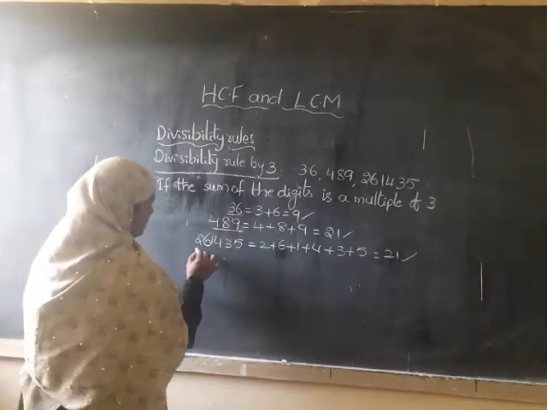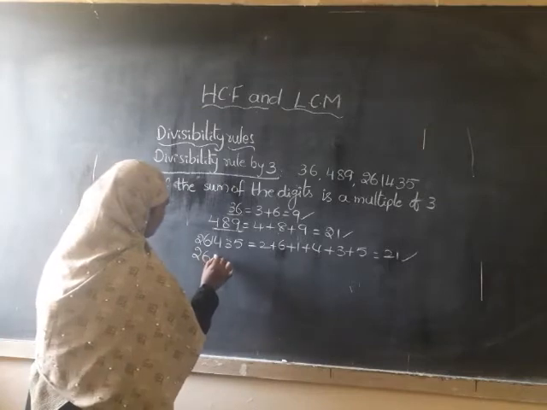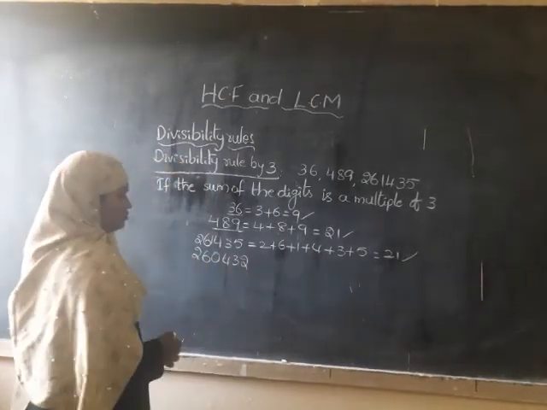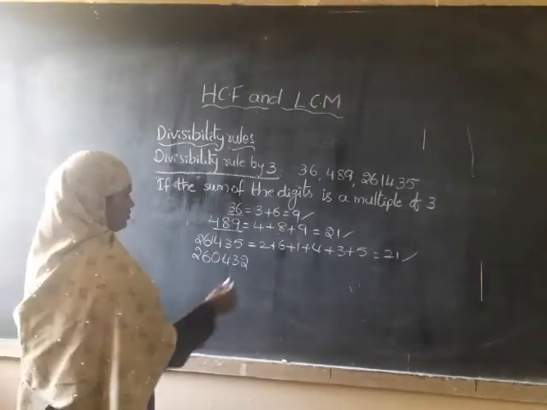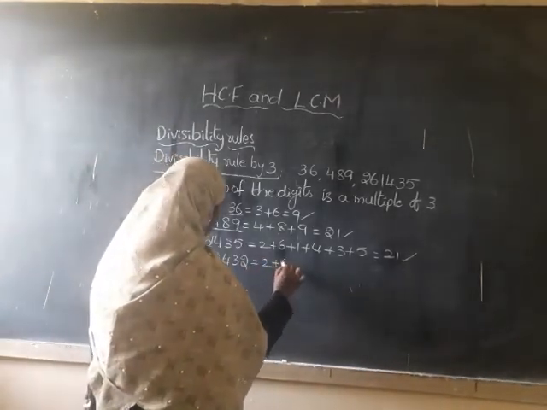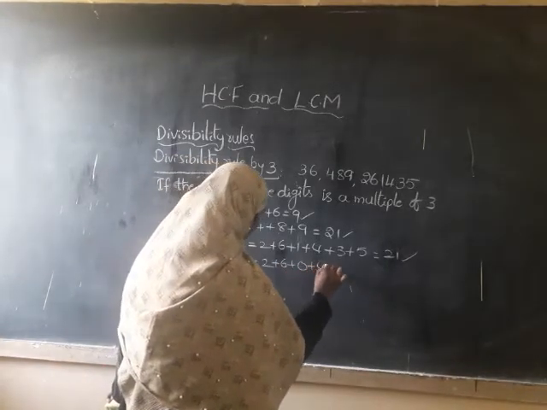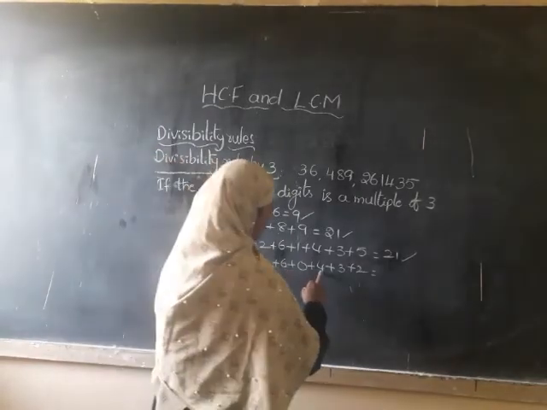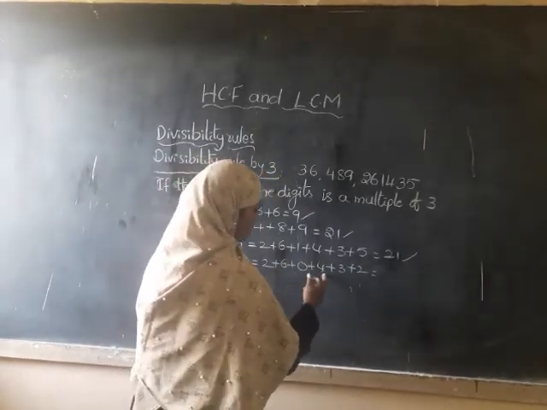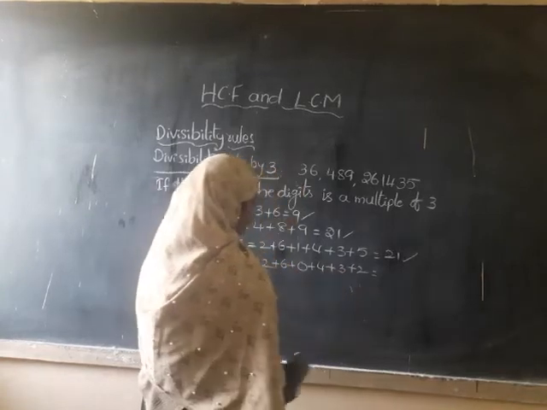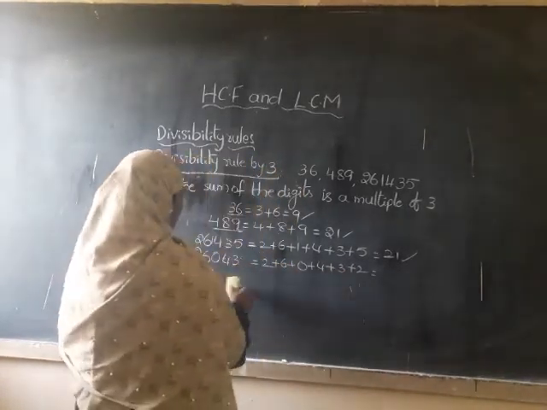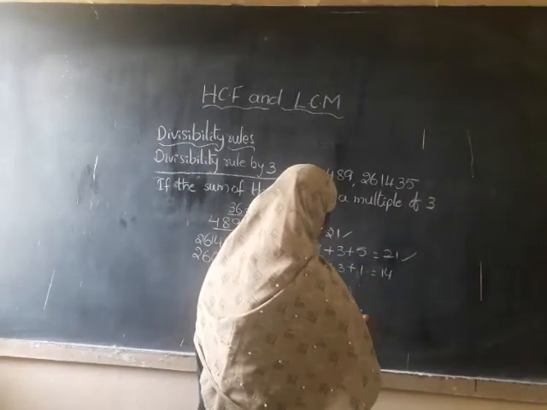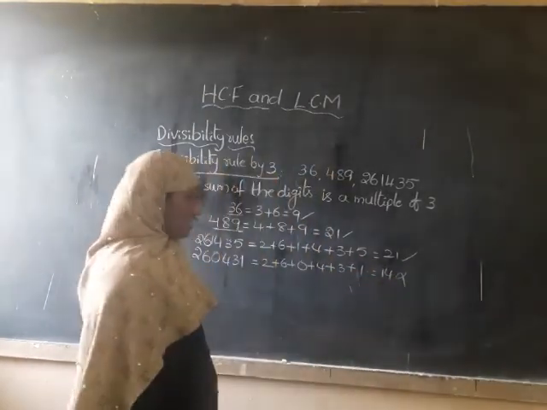Take one more number, 260432. See, adding the digits: 2 plus 6 plus 0 plus 4 plus 3 plus 2. 2 plus 6, 8, 8 plus 0, 8, 8 plus 4, 12, 12 plus 3, 15, 15 plus 2, 17. 17 is not a multiple of 3, isn't it?